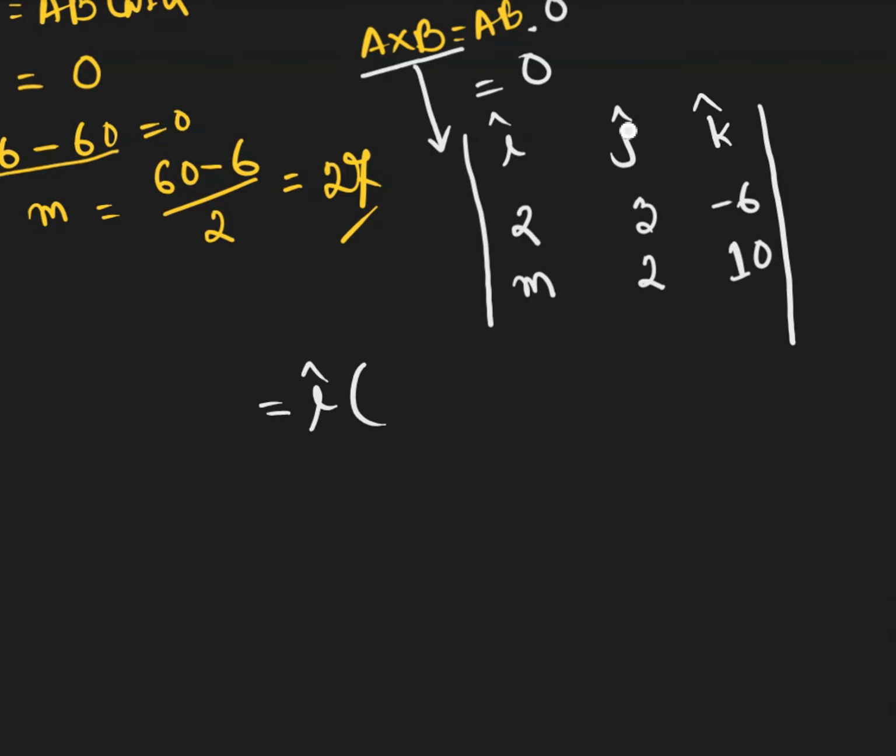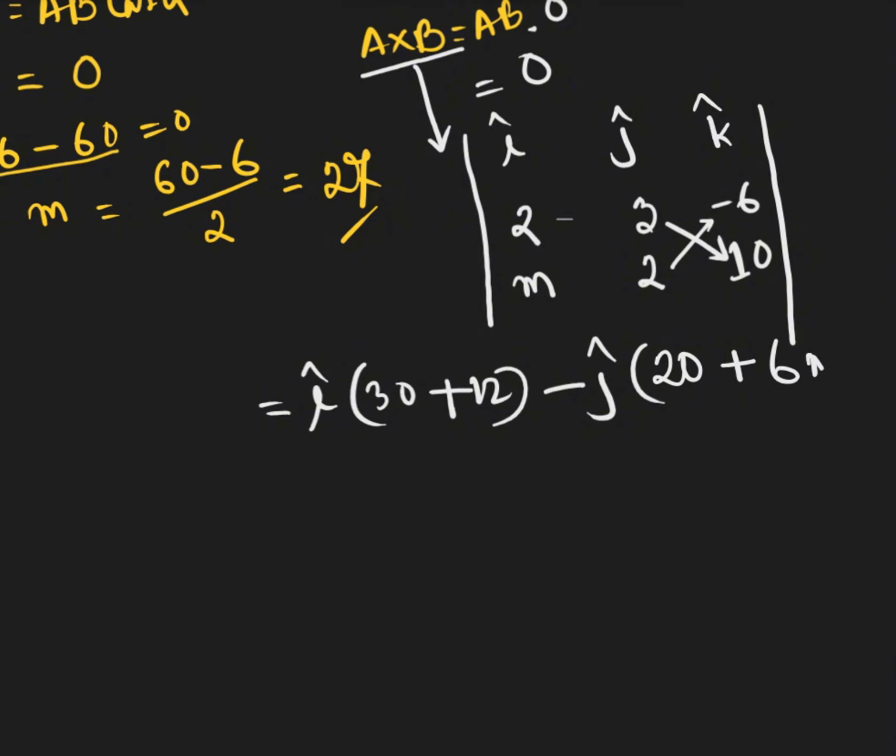So here i, 3 times 10 is 30, and this will be plus 12, and again the minus for the sign rules, and of course here will be j, so this will become 20, and this will be 6, and then plus k, and this will be 4 minus 3m is equal to 0.